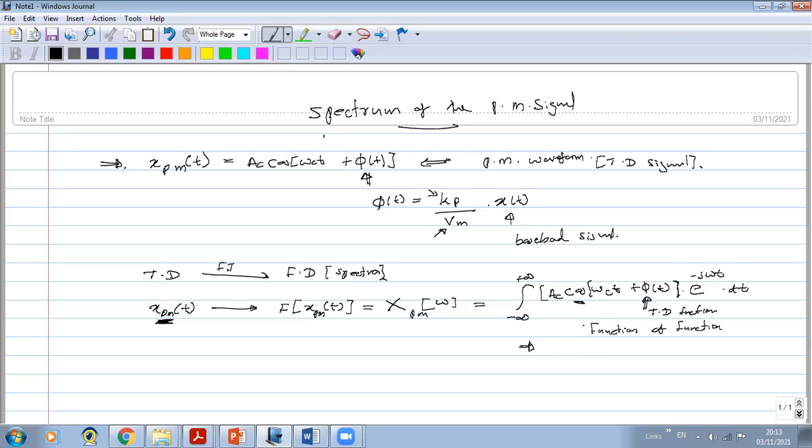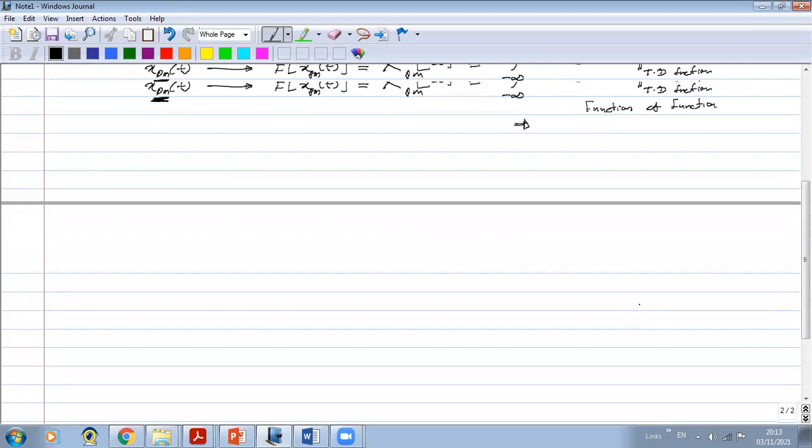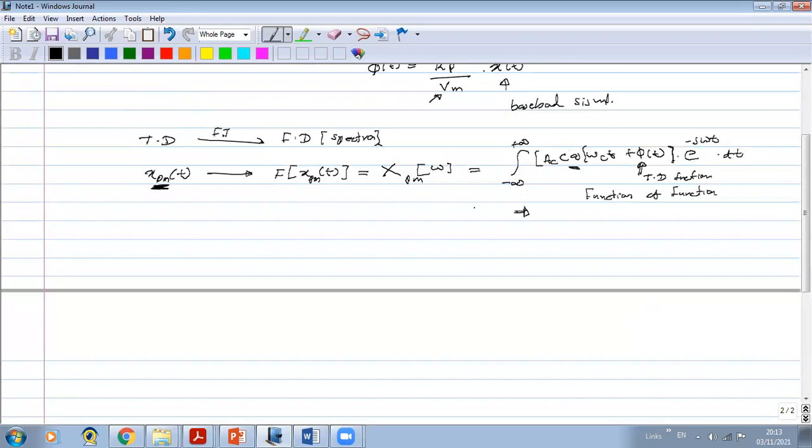Okay, so we have to do some modification here. You can see that we can't directly evaluate this kind of integral.